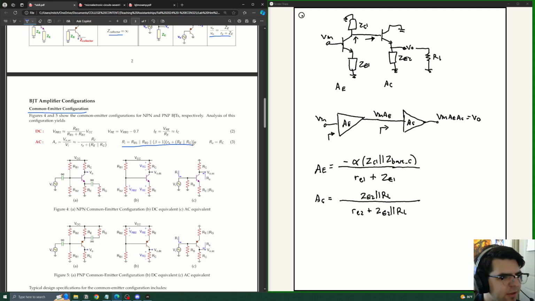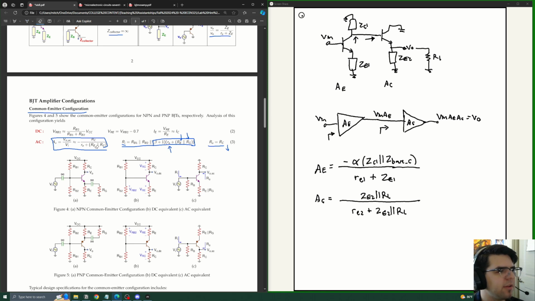But one of the problems is that if RE or RG gets too small, then it heavily depends on what this input is, and with RE being an especially small value, the input impedance can depend on this, but usually it's not too bad. The output impedance is pretty high, just being based off of whatever the collector impedance is. But remember, if we attach some sort of load to this, then the RO can go down a lot. And very similarly, it has a really high gain given by this equation right here.